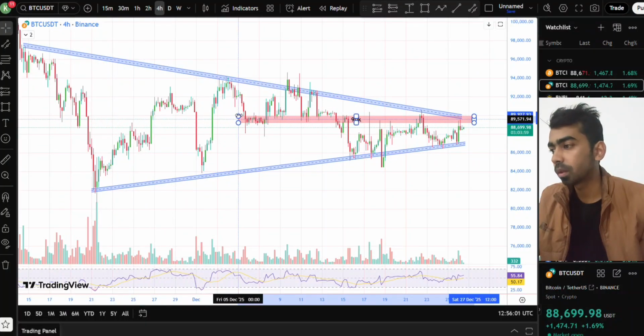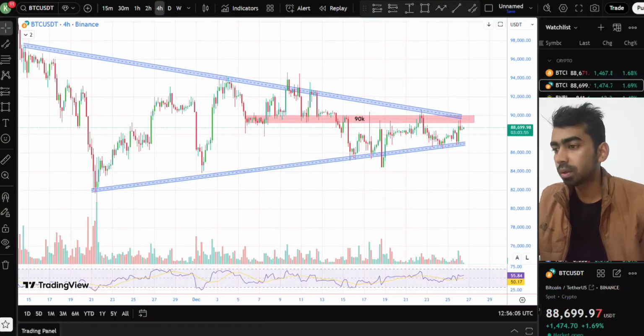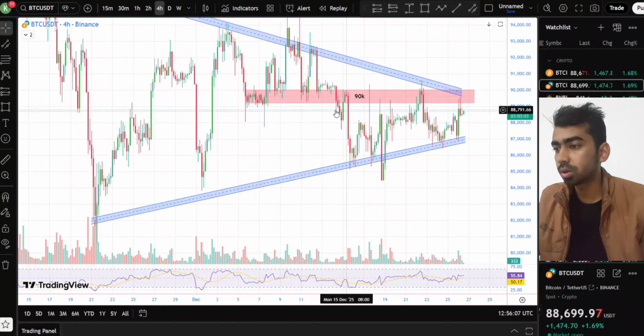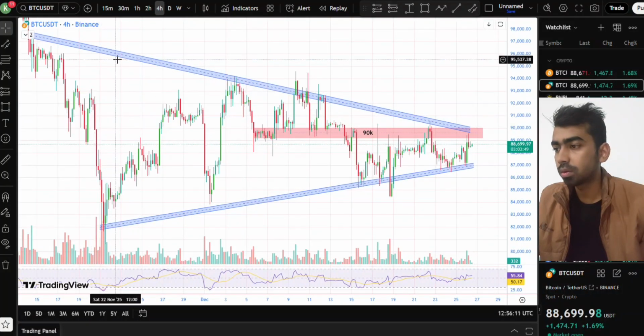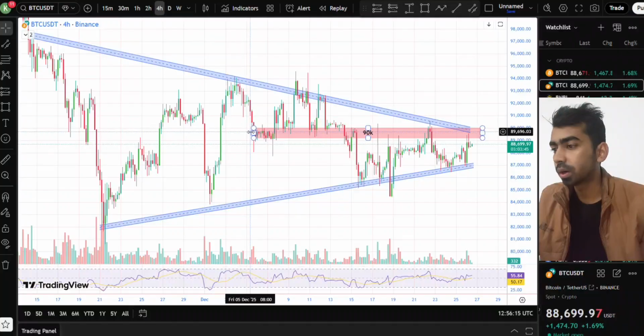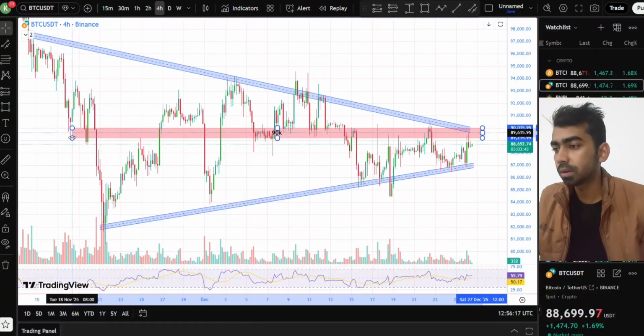Okay, so that is the main topic I actually want to share with you. So 90k is actually the middle of these two trend lines. Basically you can say that it is an equilibrium position for BTC.